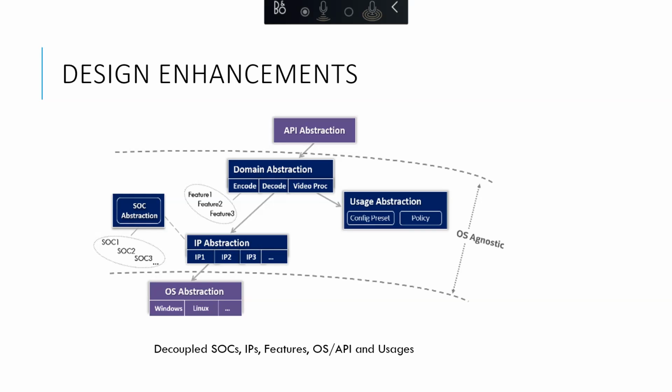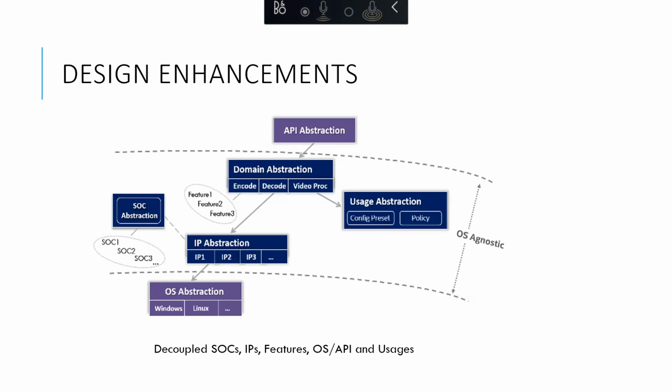This is mainly related to codec-specific, media-specific config, which is industry standard related. And also we have some IP abstraction. This is mainly related to our Intel-specific hardware interface. And also we have the usage abstractions. This is mainly to maintain all kinds of configs corresponding to each specific usage.